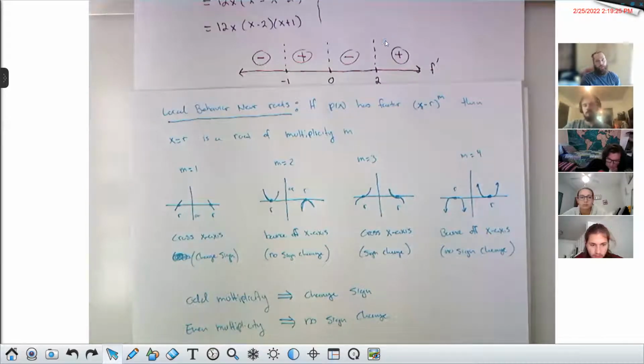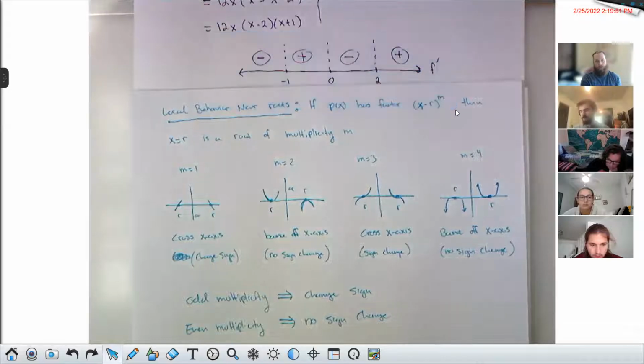And then we can verify that what we got from our end behavior was correct by thinking about the multiplicity of the root at 2. The root at 2 comes from this factor, which is also a multiplicity 1 factor. So I should change sign. Now I just filled in this minus, thinking about the transition from here to here. And according to the multiplicity rules, I should change sign back to being positive, and that agrees with what I found using the end behavior.